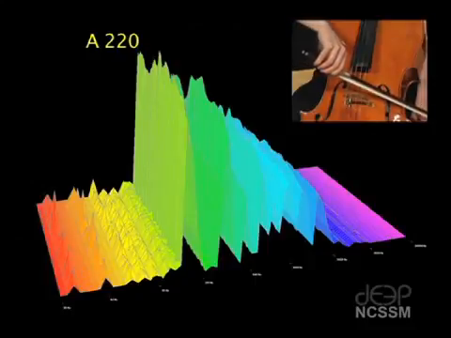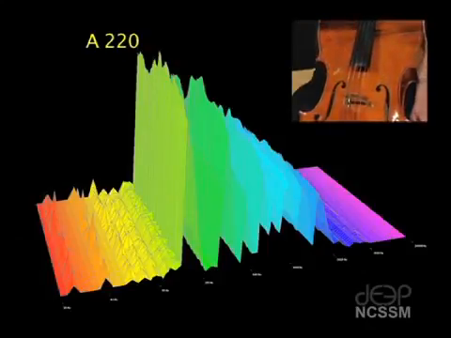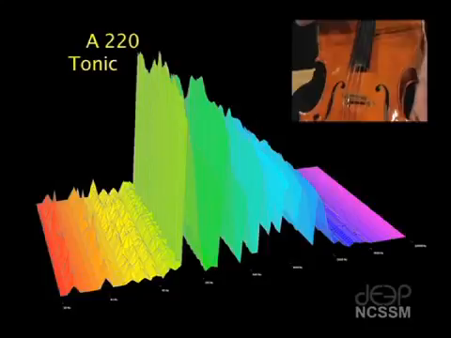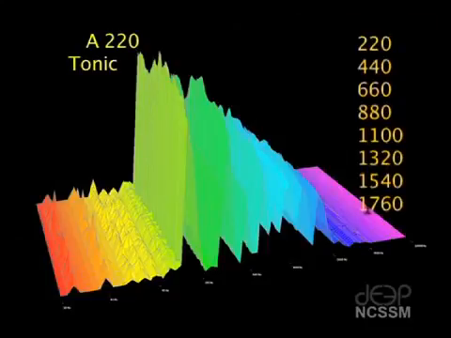Can you see the wave at each of these frequencies? We know that A, the tonic note, is 220 Hertz. What other frequencies that are shown are the note A?